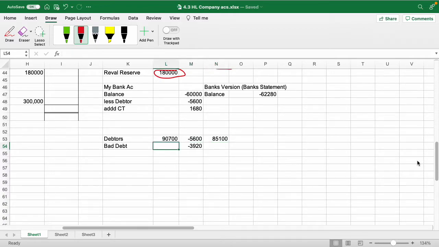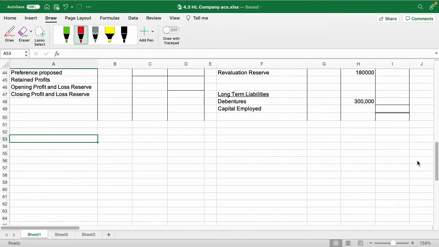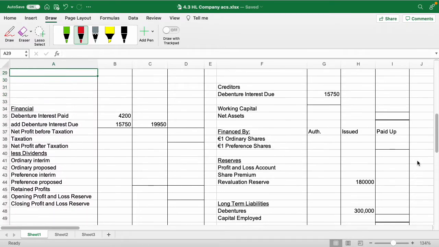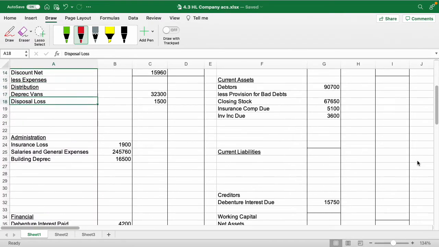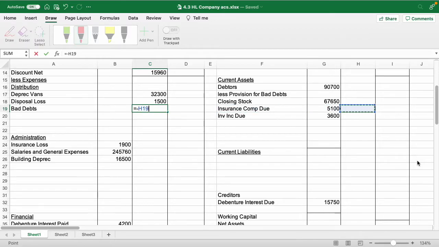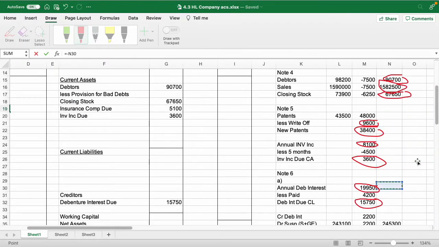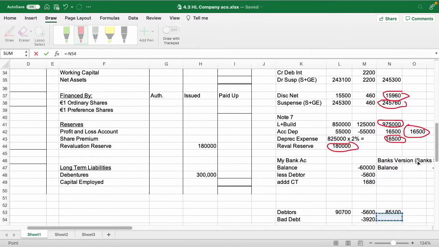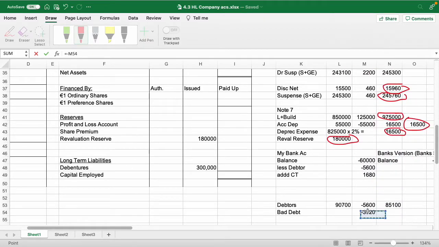Bad debts, just reading the question. There's a bad debt provision, but there's no mention of bad debts, so that's a new expense. So I'll put that in here. And bad debts is to do with me distributing goods, so there's a distribution expense. And so that number there.